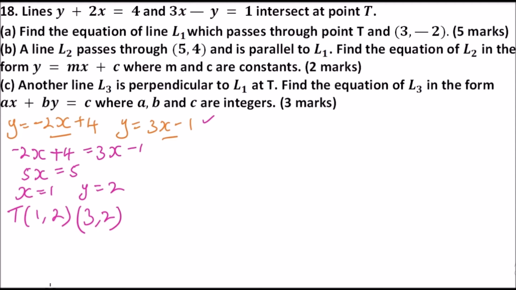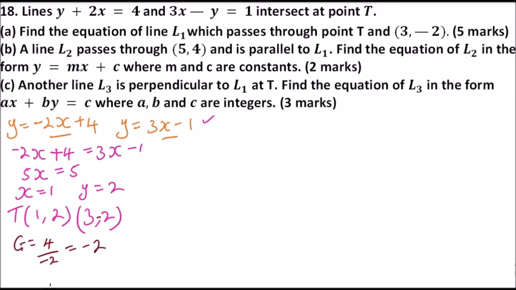First of all, we get the gradient. The gradient is equal to 2 minus minus 2, that will give you 4, divided by 1 minus 3, that will give you minus 2. You divide, you get minus 2.